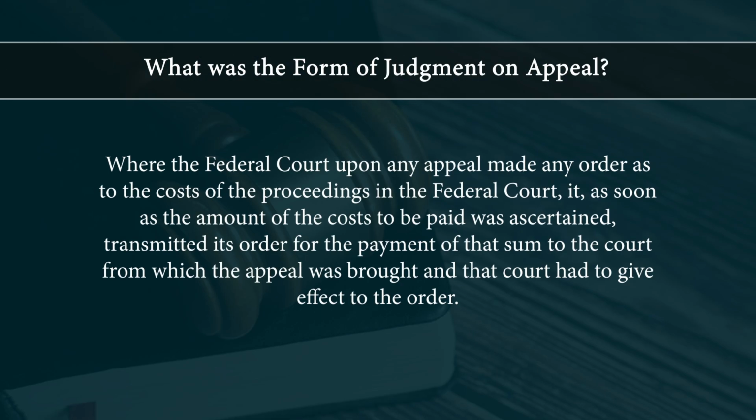Where the federal court upon any appeal made any order as to the cost of the proceedings in the federal court, it, as soon as the amount of the cost to be paid was ascertained, transmitted its order for the payment of that sum to the court from which the appeal was brought, and that court had to give effect to the order.